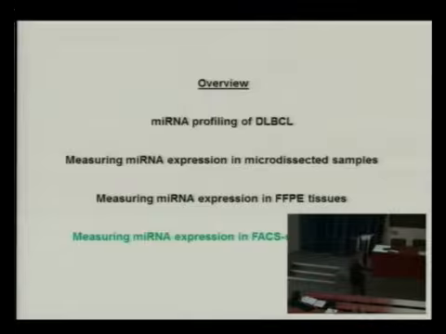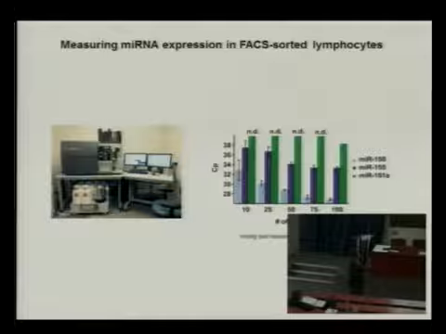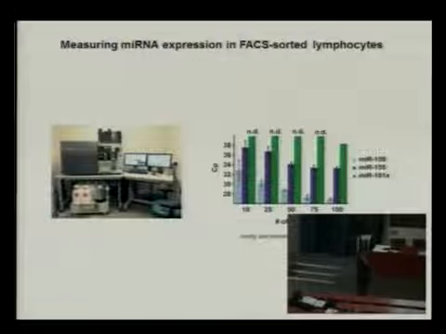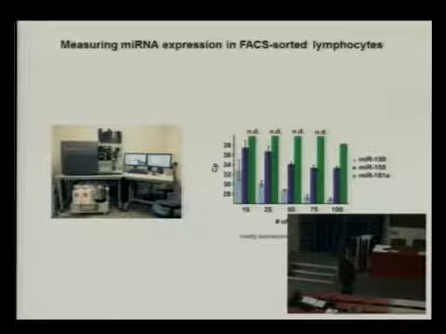Now, one last point: you can also do the same sort of thing using FACS sorting. What I've done here is take some cells from the lymphocytic gate, like 10, 20, 50, 75, and 100 cells, and sort them into a 96-well plate. Within this 96-well plate, there's already about 5 microliters of PBS.